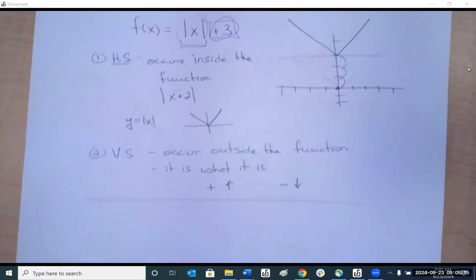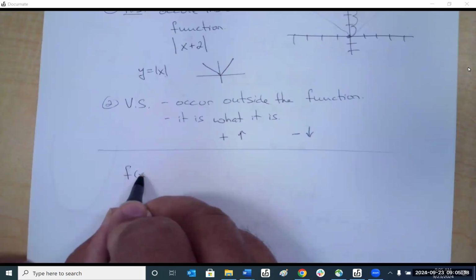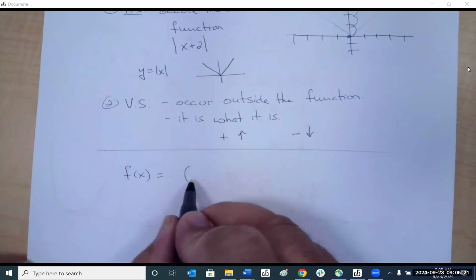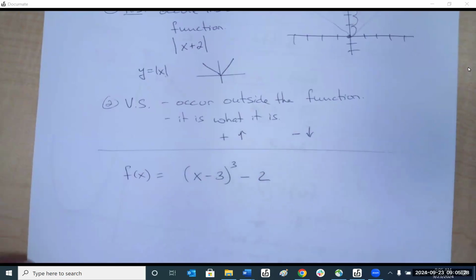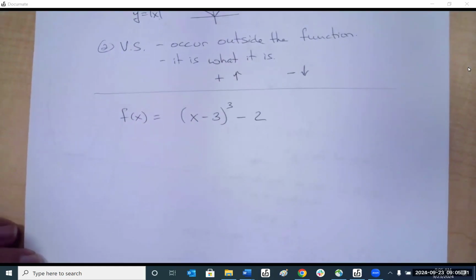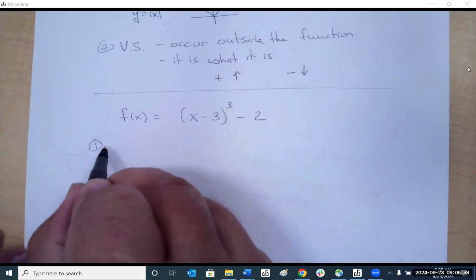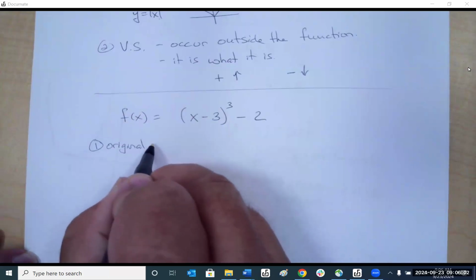So let's combine these now. The first thing you have to ask yourself, what's the original function?